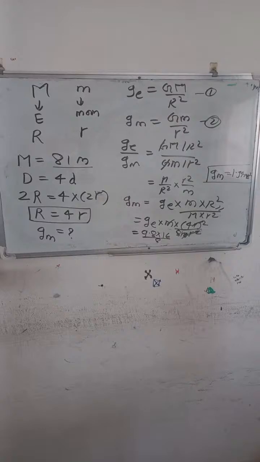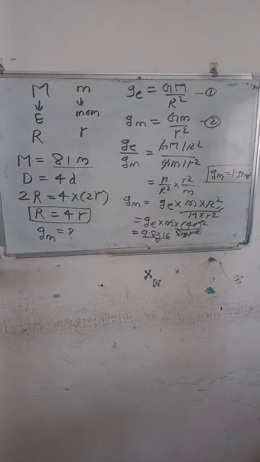Now write down one more question. Last question. Write down, MCQ is there. A missile is launched with velocity less than the escape velocity.